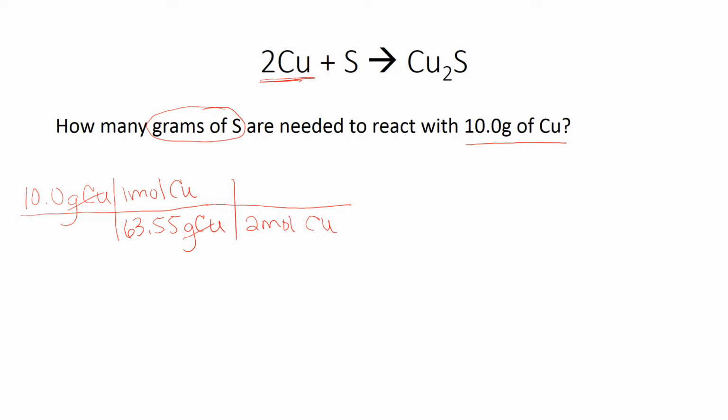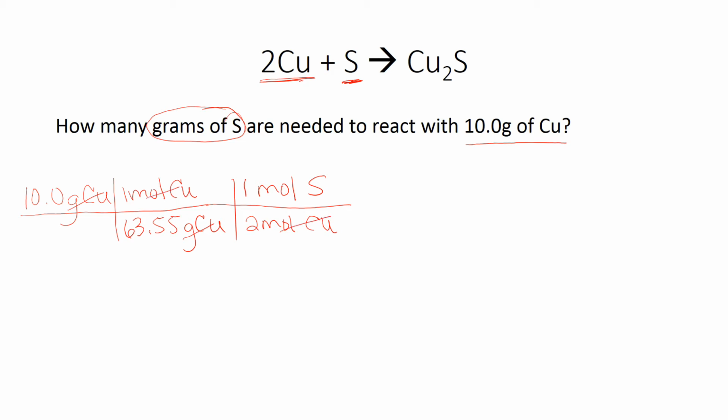This is where we start to switch over from the moles of what we're given to the moles of what we want. So 2 moles of copper, I'm looking for grams of sulfur, so I want sulfur by itself. Looking up here, there is no number in the coefficient spot, so I know that that is 1 mole of sulfur. So all we're saying in this step is that 2 moles of copper are equivalent to, they're in a 1:2 ratio, copper and sulfur are.